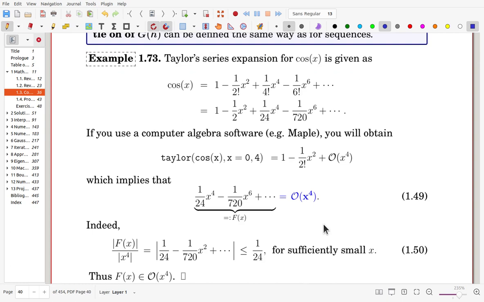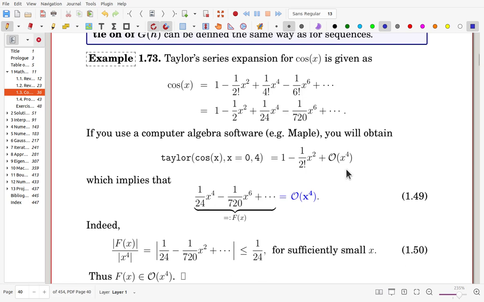Okay. Let's see this example. If we make a Taylor expansion for cosine x, then we can get that. By using computer algebra software, for example Maple, we can get such a result. Cosine x, Taylor expansion about 0 with 4 terms, produces that result.